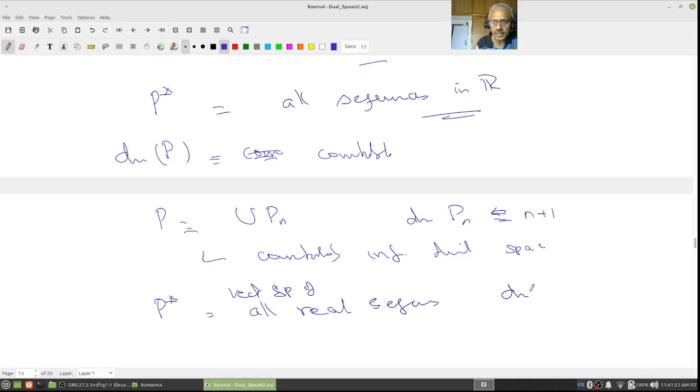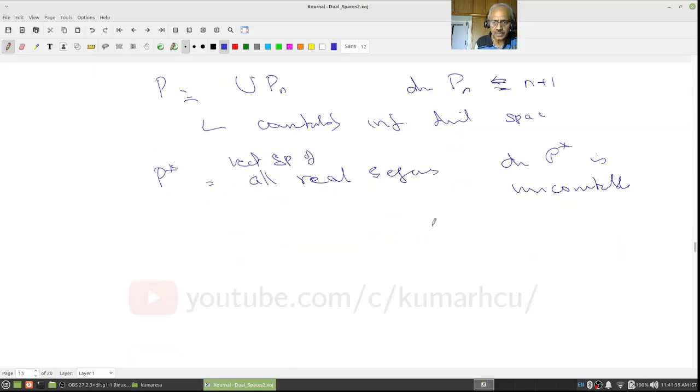Therefore the dimension of P star is at least C. Okay, it is actually C to the power. See here, anything b0 I can put, n is R, anything, therefore it's R cross R cross R, that is R, over infinite.